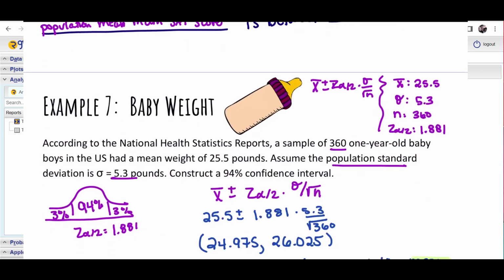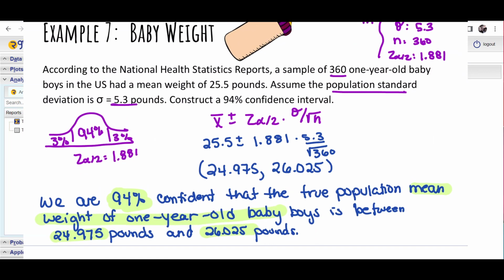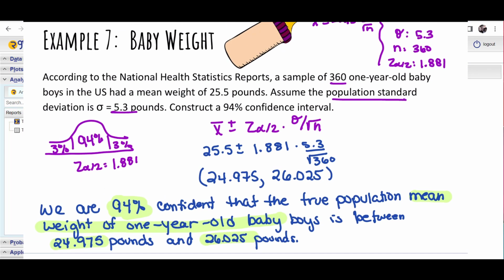All right, number 7. This was the mean baby weight. They took a sample of 361 one-year-old baby boys in the U.S. that had a mean weight of 25.5. Population standard deviation was 5.3. Construct a 94% confidence interval.